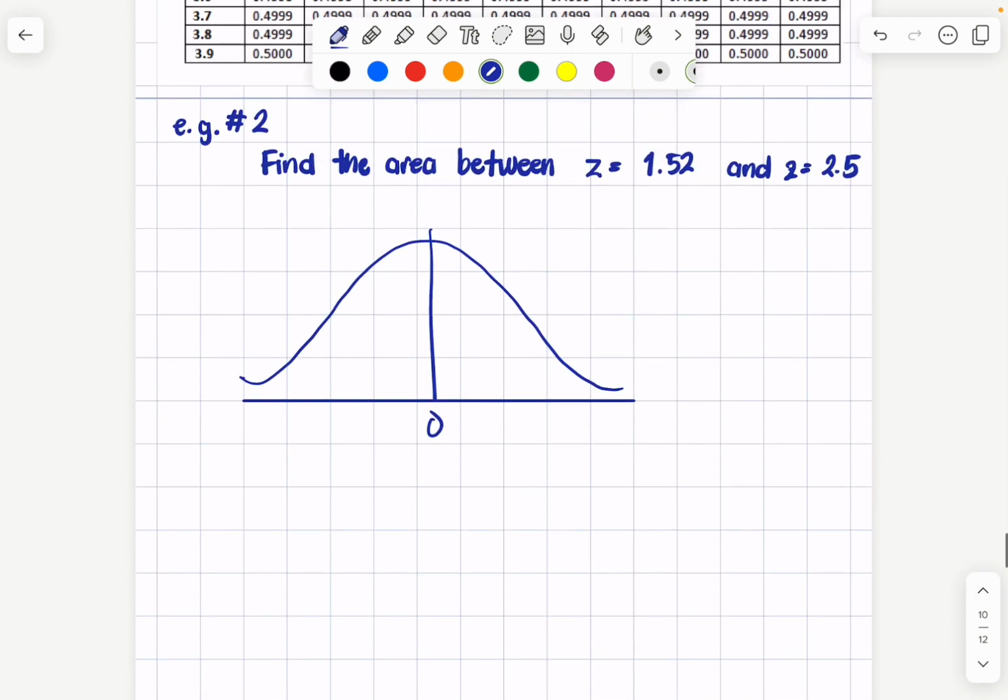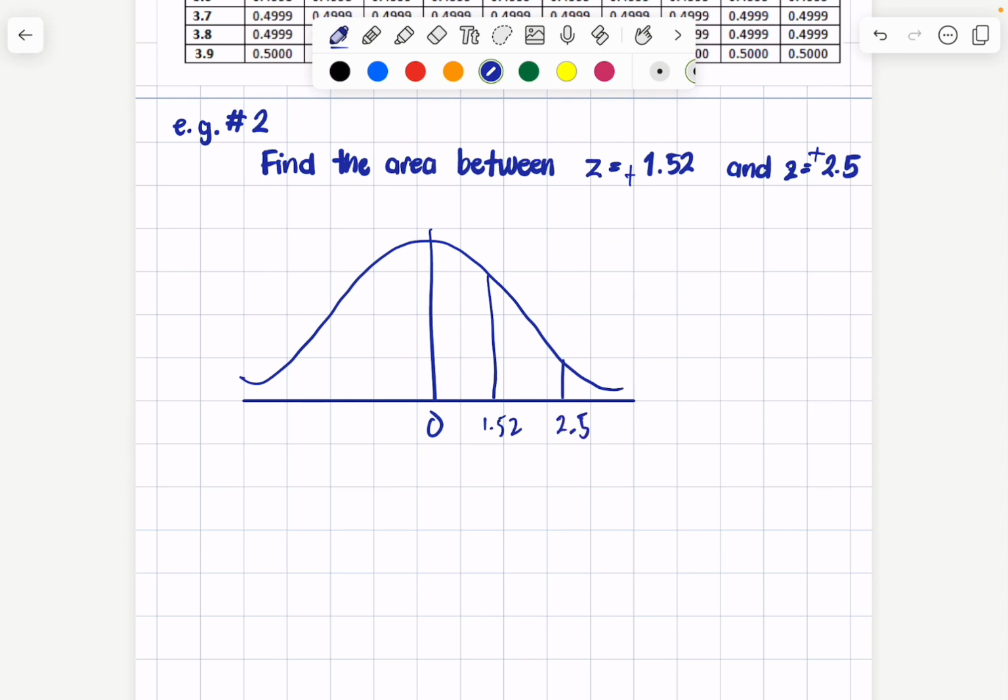Okay, so ang gipangita is between ni 1.52 and 2.5. So kay positive man sila puros, it is to the right of 0. So let's say na diri si 1.52 and si 2.5 is here.